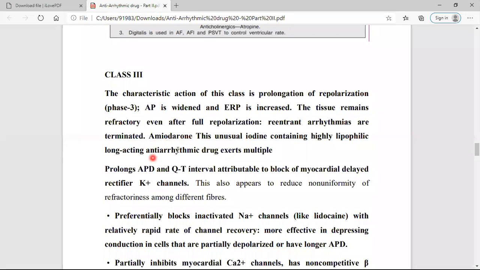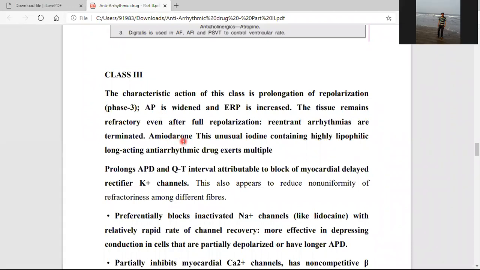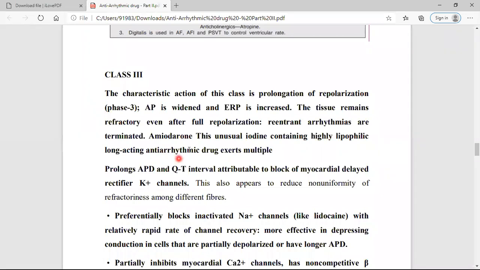Amiodarone is one of the important drugs of the class 3 category. It is an unusual iodine containing, highly lipophilic, long acting antiarrhythmic drug. So simply understand that it is the iodine containing highly lipophilic long acting antiarrhythmic drug, called amiodarone. It prolongs the action potential duration, meaning phase 0 to phase 4.